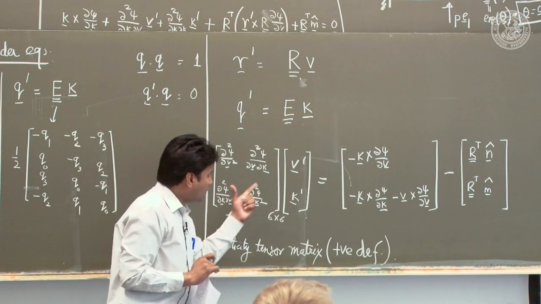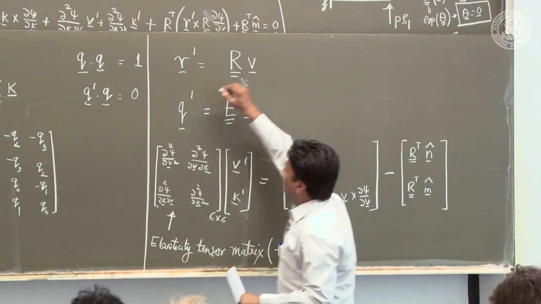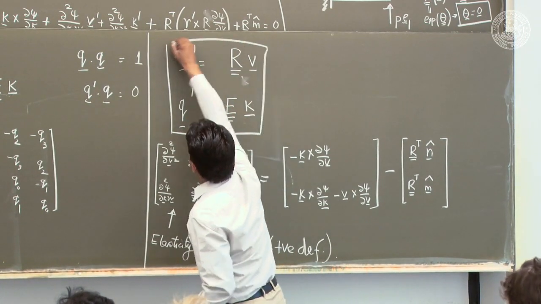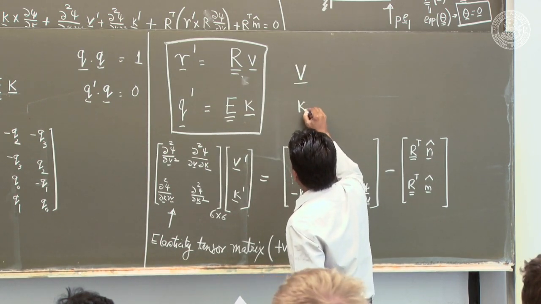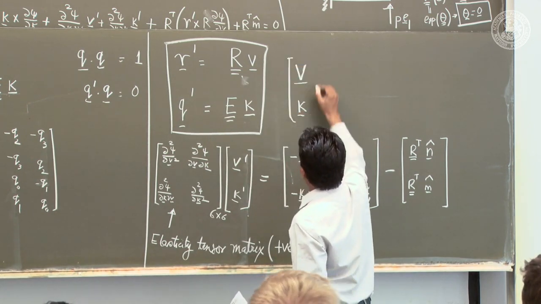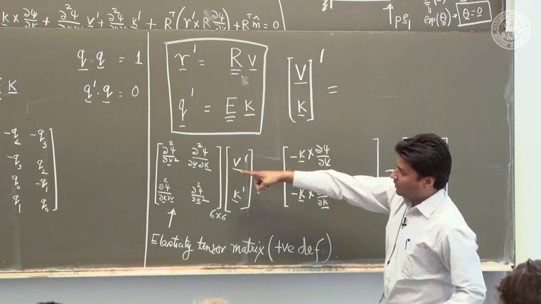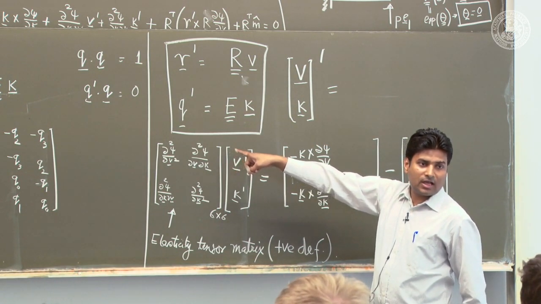You can take it also on the right hand side, and you see you have these two equations, and then you have V, K prime equal to this matrix, that's the elasticity tensor.